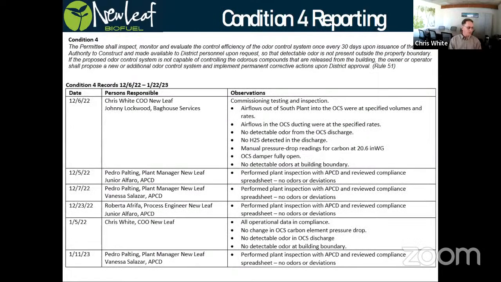So this is the condition 4 reporting, and this is something that we are a little bit concerned about. Our approach to this has been to eliminate nuisance odors. The way this is written at the moment is that there is no detectable odor present outside the property boundary, and that is a very high standard, to have absolutely no odor whatsoever.